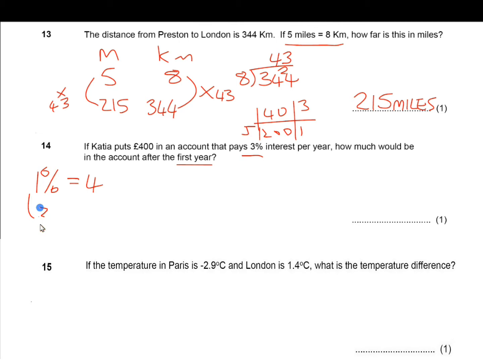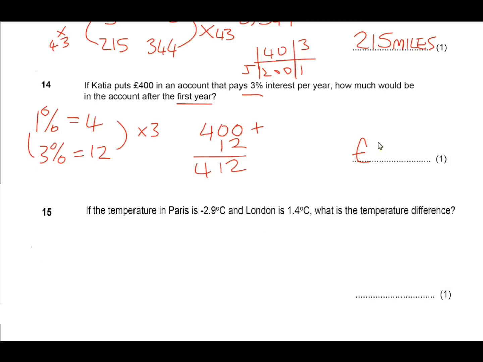Therefore, 3%, we need to multiply this by 3, which is £12. Don't forget to add it to your original amount. So the amount she has in the account after 1 year is £412.